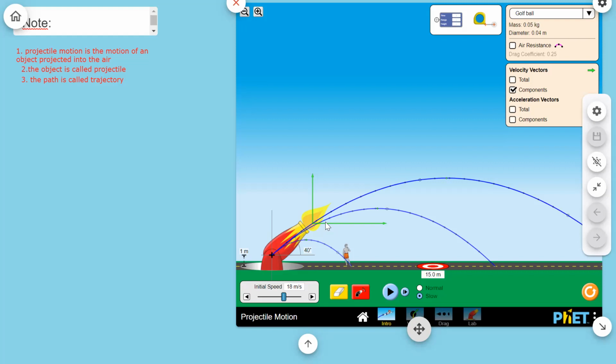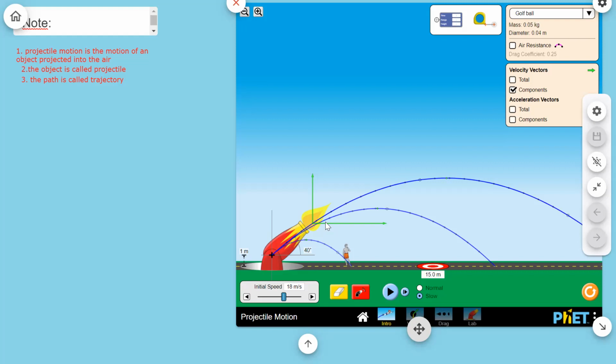Because the acceleration due to gravity is vertical. Thus, there will be no acceleration along the horizontal axis when the air resistance is negligible. So we call the horizontal axis the x-axis and the vertical axis the y-axis.